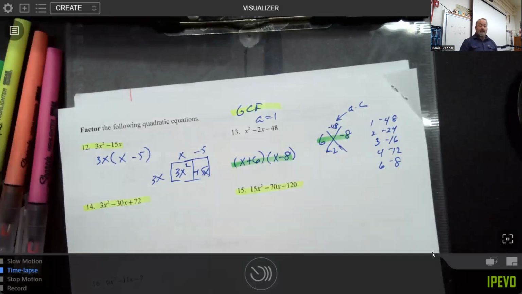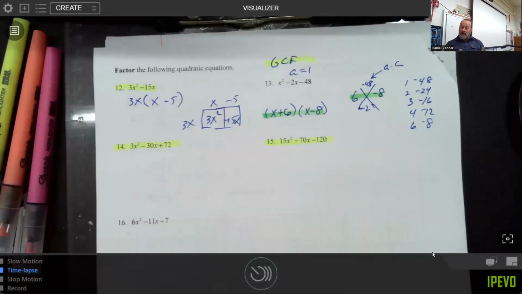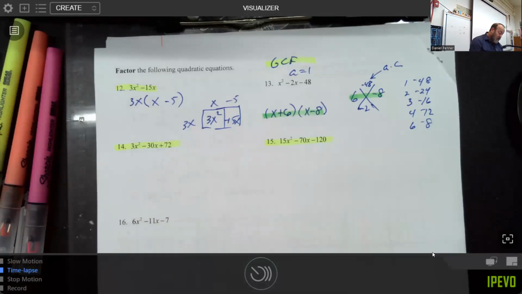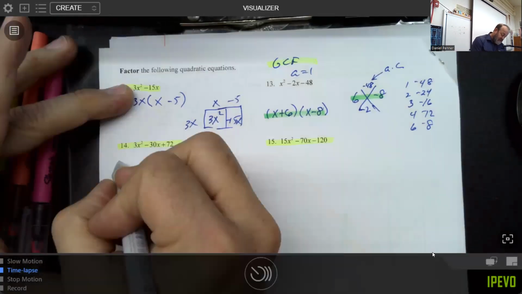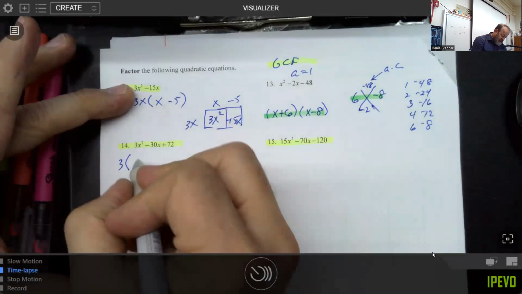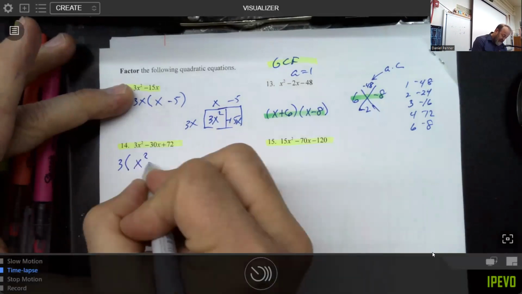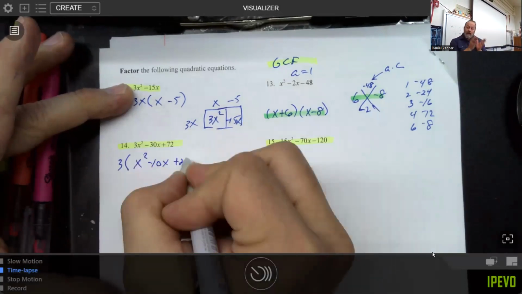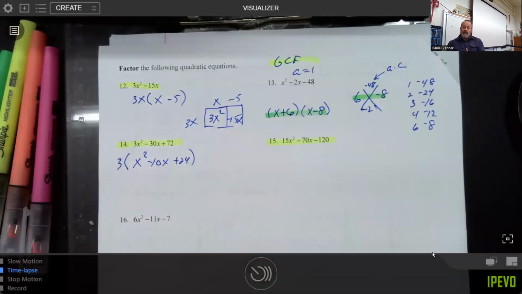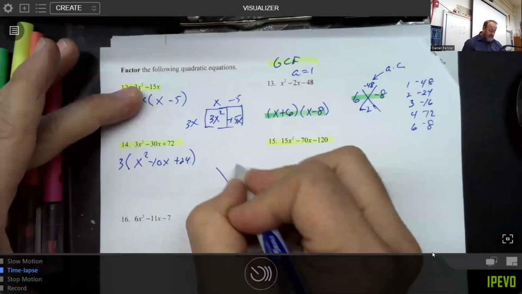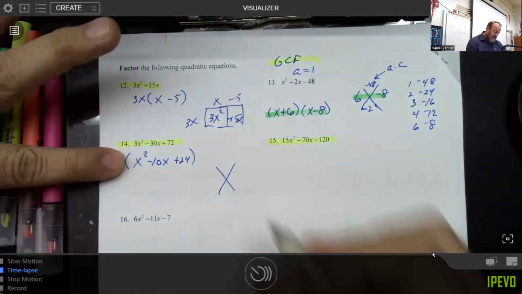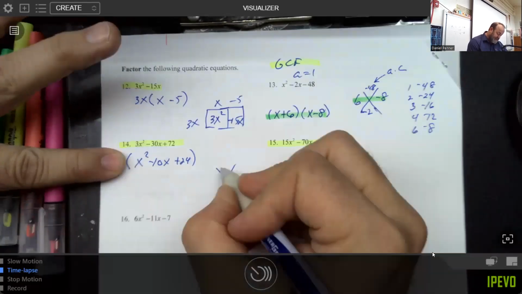Okay, number 14. Tiny bit harder. Notice I put it in yellow because there's that GCF. I noticed that I could steal the 3 out of the front piece, the second piece, and the last piece. If you multiplied it out, 3 times x squared is still 3x squared. It all fits. So now I'm going to cover up this 3, and the product of A and C is 24.